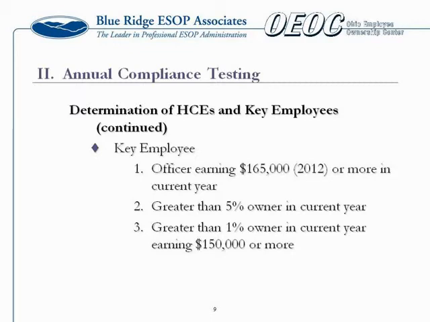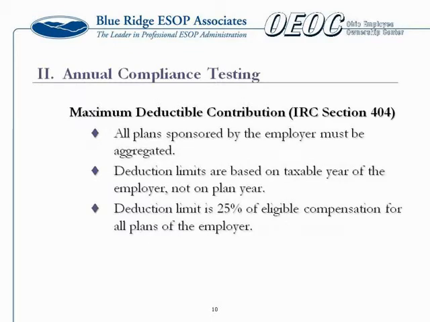Okay? So those definitions, your provider is going to calculate those for you, and they're going to help you start out running your compliance tests. The first compliance test we're going to talk about is the maximum deductible contribution. It's the Internal Revenue Code Section 404 test, and this test is aggregated amongst your plans.